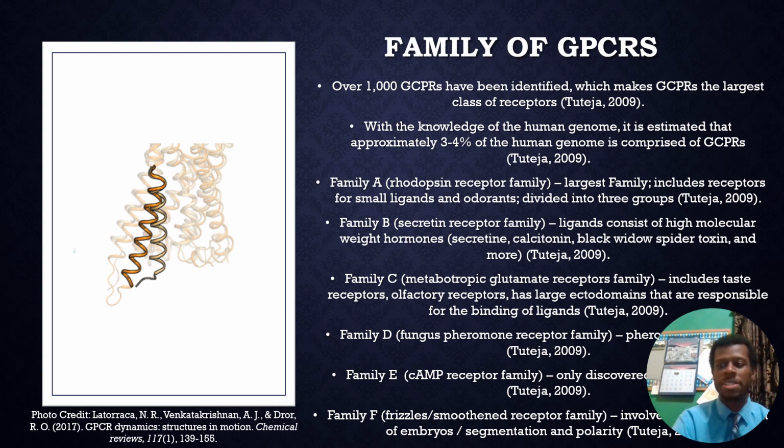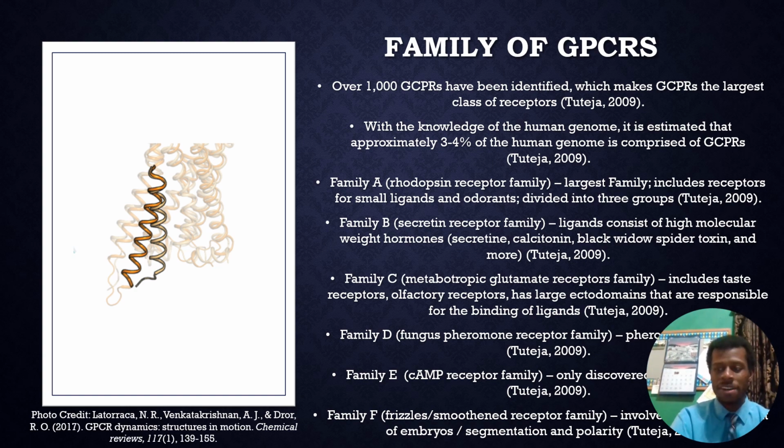Our next family, family C, is called the metabotropic glutamate receptor family. It consists of these receptors in addition to calcium ion receptors, taste receptors, olfactory receptors, and so much more.